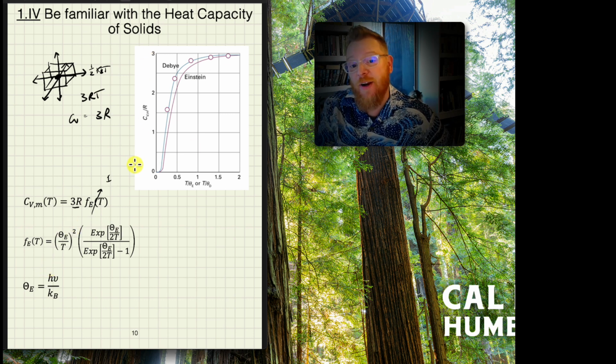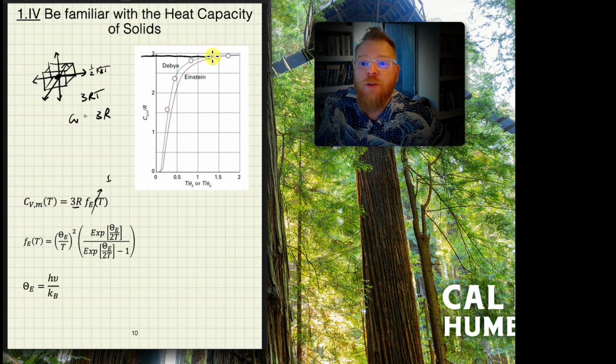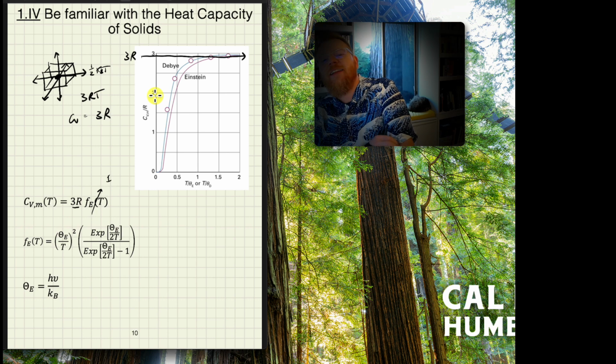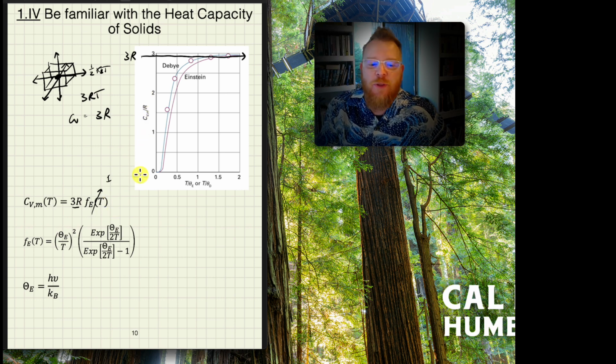And as you can see on this graph, CV divided by R, as the solids rise in temperature, they approach that value of 3R. You notice that we have the Einstein formulation and the Debye formulation. Technically, the Debye formulation is more accurate, but I don't want to get into too many of those details for the purpose of this class. So here I've given the Einstein formulation, and you can see that function of temperature is given as the following.